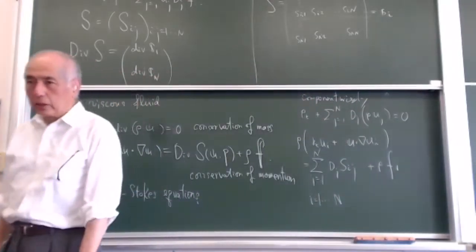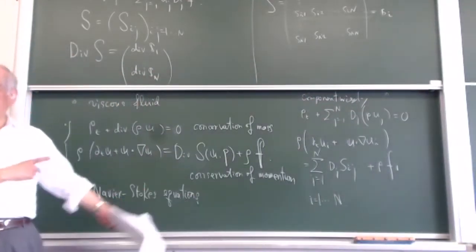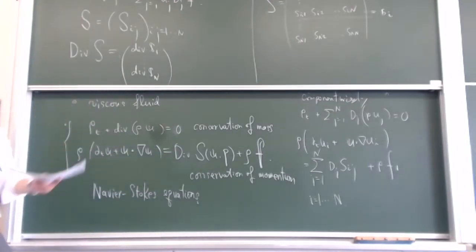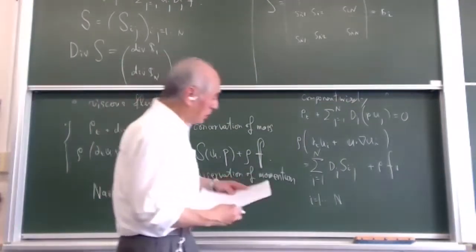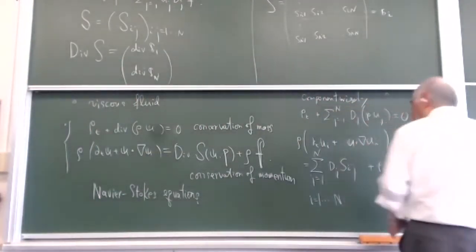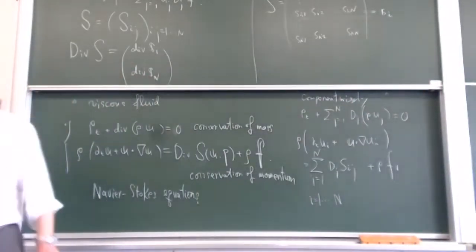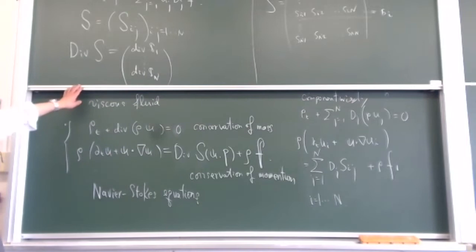But the description is rather complicated, because the equation gives vectors, not scalars. But this is an important point, because an equation of vectors is quite difficult to solve. You cannot use any maximum principle or something.